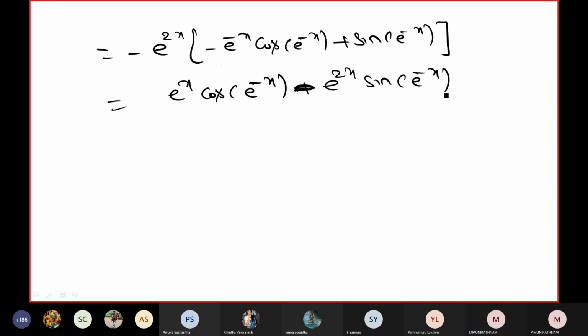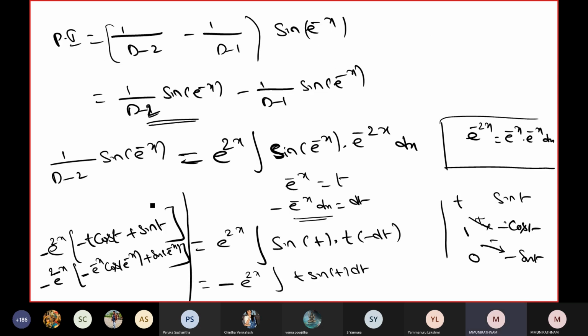So that is about 1 by d minus 2 into sin of e power minus x.